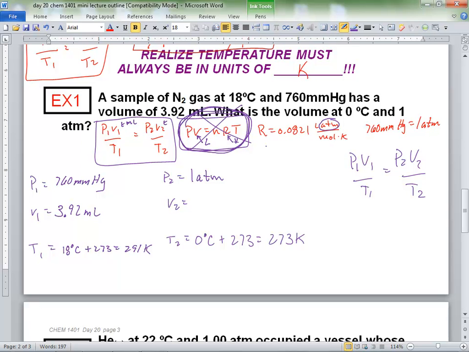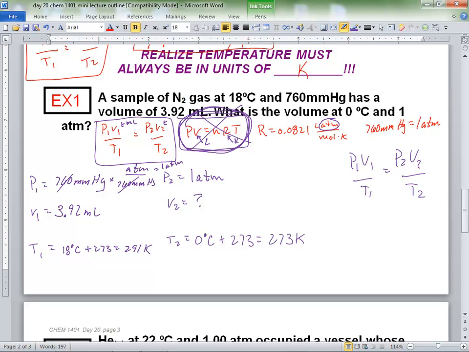And Christian said atmosphere, so let's just convert 760 millimeters of mercury into atmospheres. Kind of silly. Comes out to be 1 atmosphere, right? The 760s canceled on us. Okay. V2 is what we're looking for.